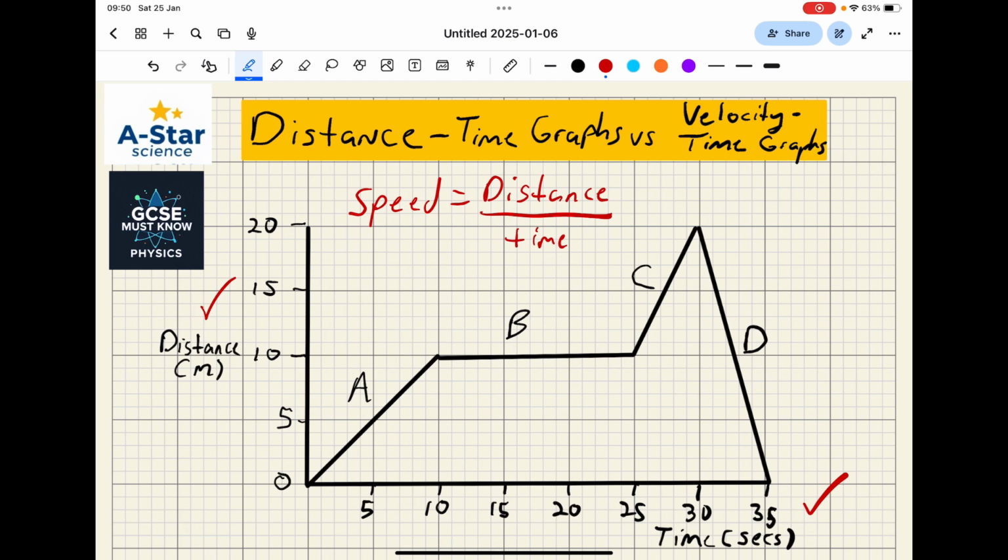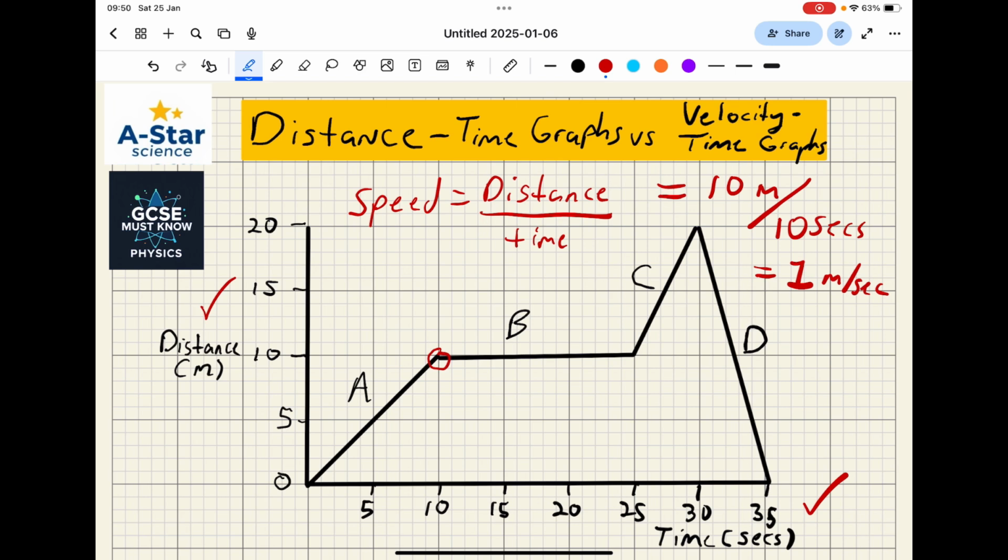For this point, which I'm going to draw in red, the object has traveled 10 meters, divided by the time, 10 seconds, and that gives us 1 meter per second. That's a very fast object.